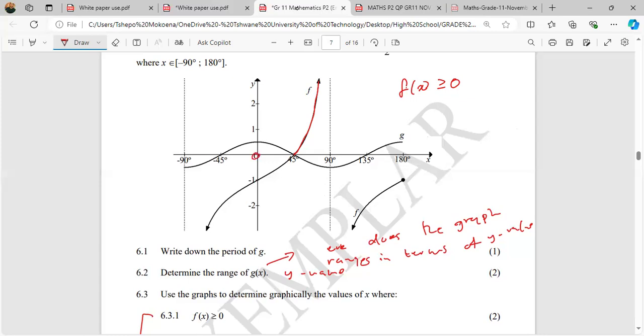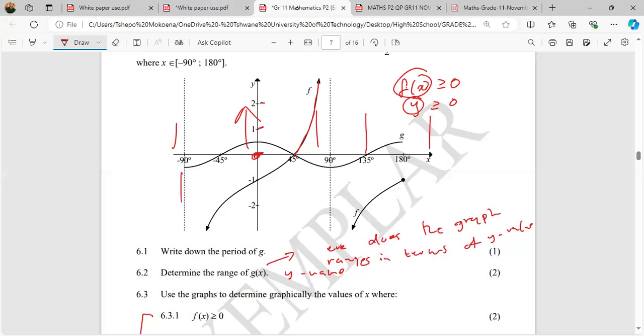This is where 0 is. And f of x is the same as y. So my y value is 0, my y value is 1, my y value is 2. So I want where my y value is above 0. It's going to be this side, where my y is greater than 0.